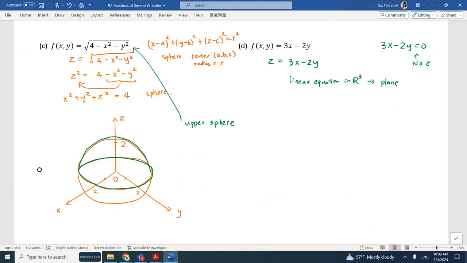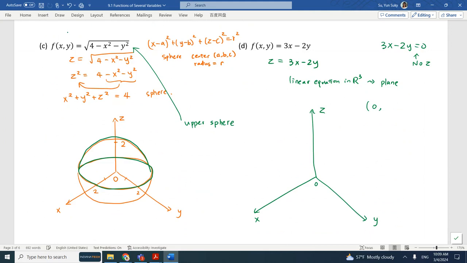Yes. So we find 3 points. Okay. So draw the 3 rays, X, Y, Z. We need to plot 3 points. Okay. Let's see. Let's do the easiest one.